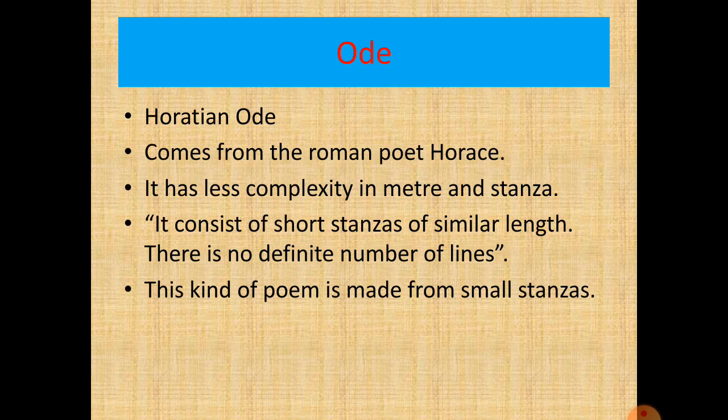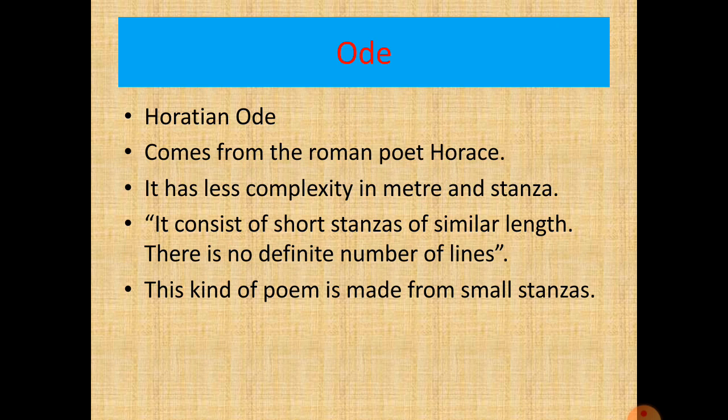Now, dear students, the second type of ode is the Horatian ode. It comes from the Roman poet Horace. The Horatian ode has less complexity in meter and stanza than the Pindaric ode.